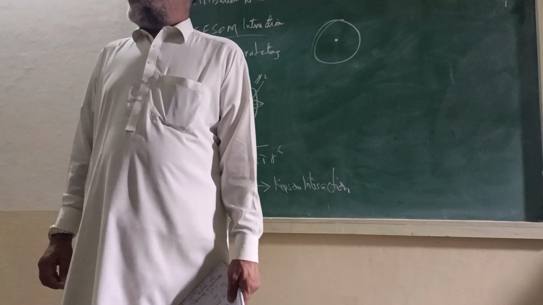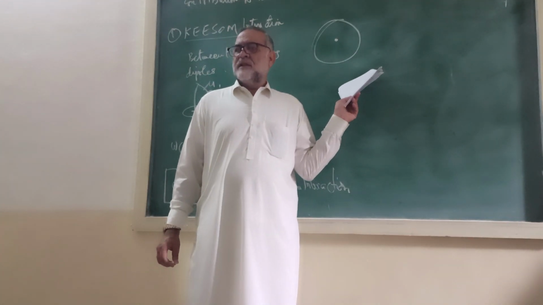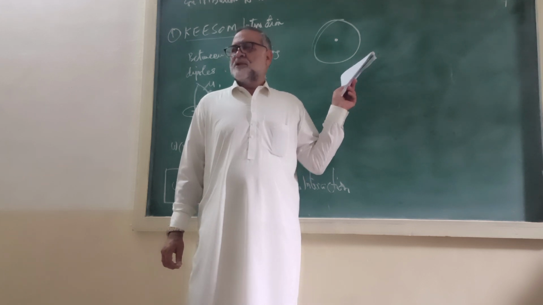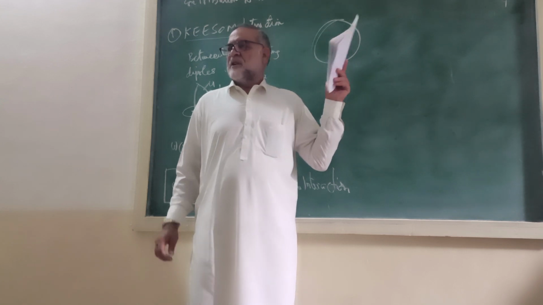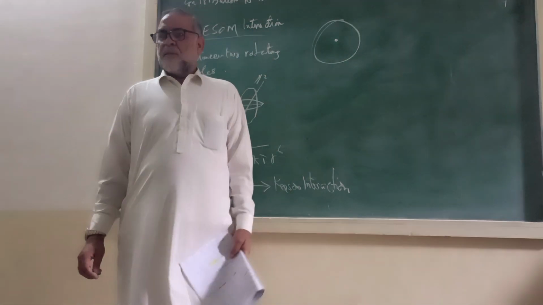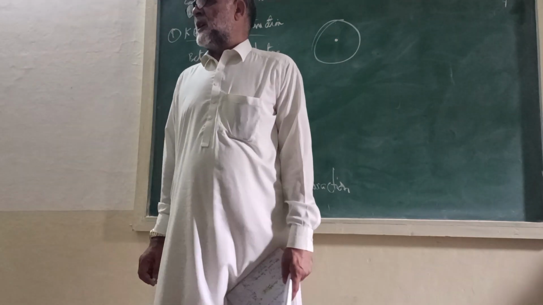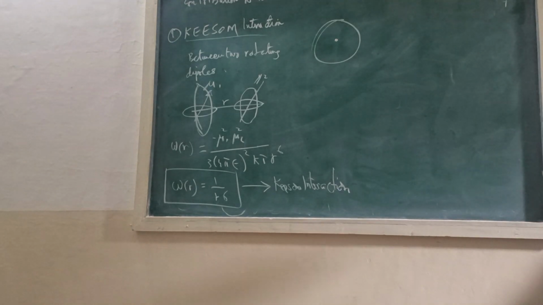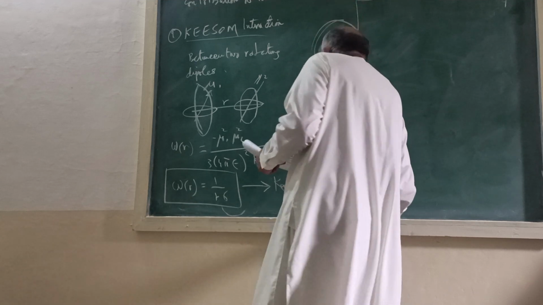But a dipole moment can be induced in this neutral atom. As I told you the other day, if you put them in an electric field, the center of positive charge and the center of negative charge will split. They will separate from each other and produce a dipole moment. That is called induced dipole moment.